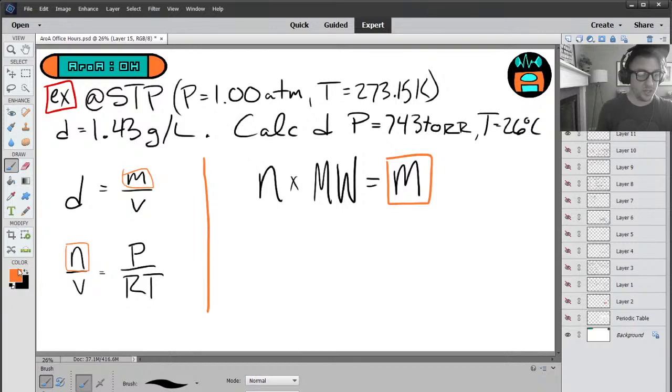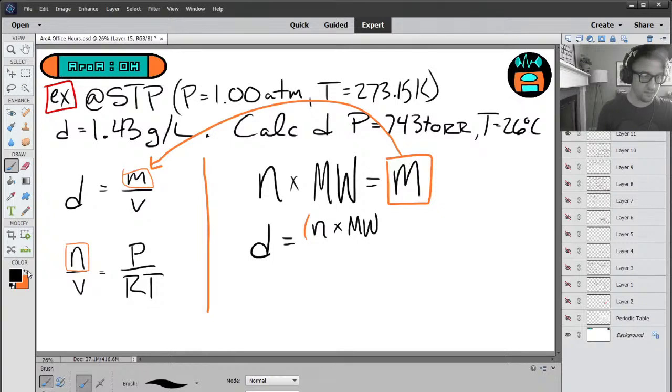So if you substitute this into your equation for density, that would be density is equal to moles times molecular weight over volume.